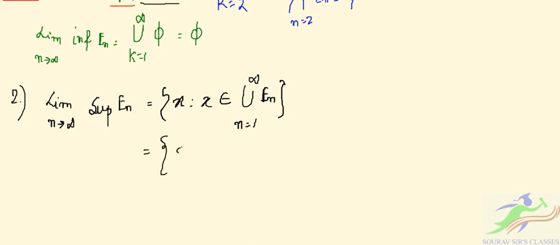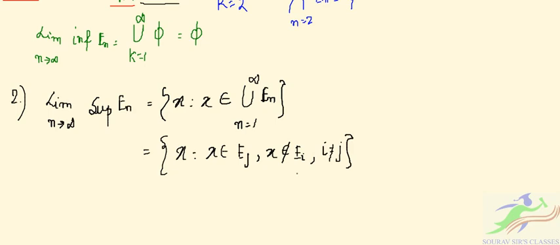We can write it in a similar manner: x belongs to a sequence Ej where x does not belong to Ei and i is not equal to j.